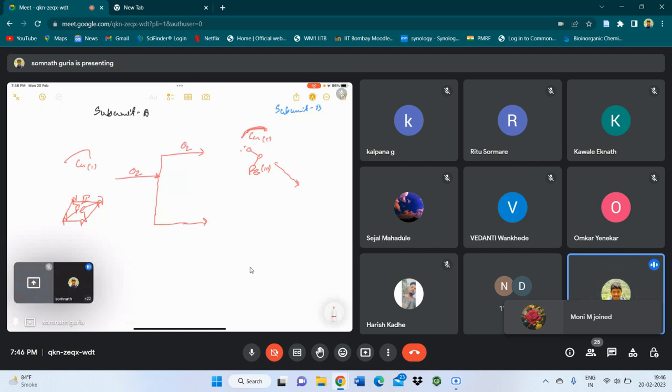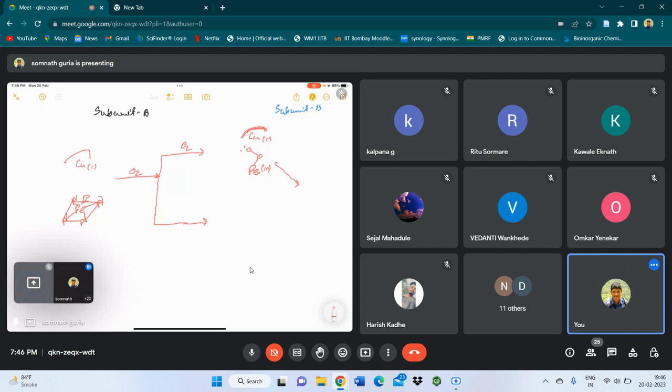And the alternative pathway is that, so your iron is here, and nitrogen, nitrogen, nitrogen, nitrogen, nitrogen. The copper center actually binds that way.